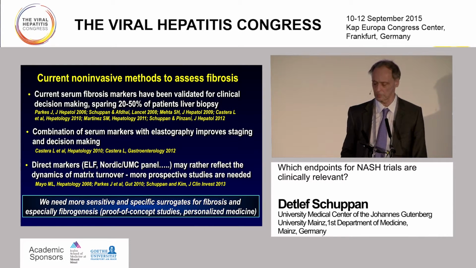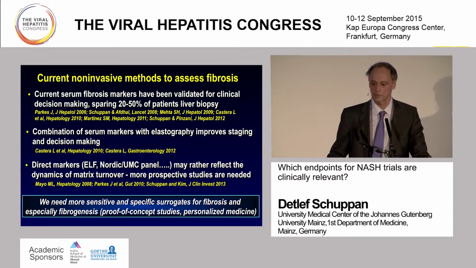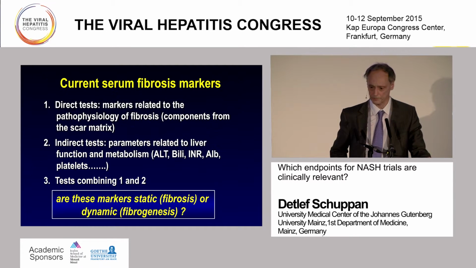I will just show you short examples of this. And what we definitely need, and what all the regulatory authorities would like to see, is more sensitive and specific surrogates for not only fibrosis stratification, but especially the progression of the fibrosis, the fibrogenesis, especially for proof of concept studies in NASH, but also other liver diseases.